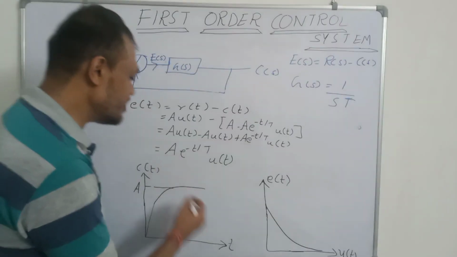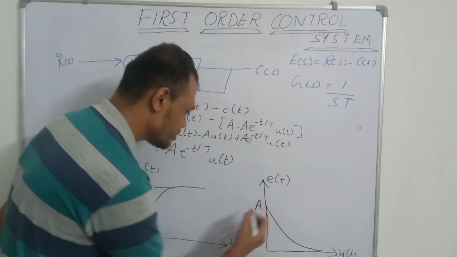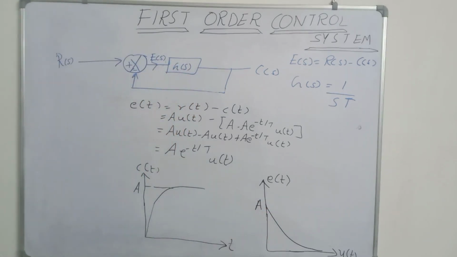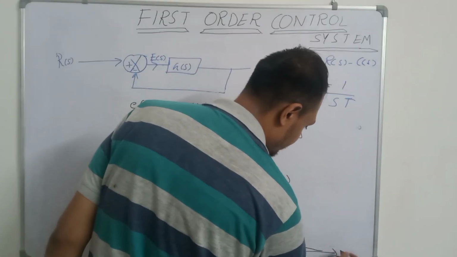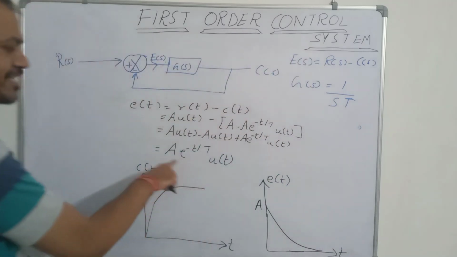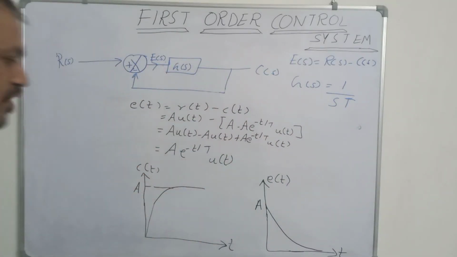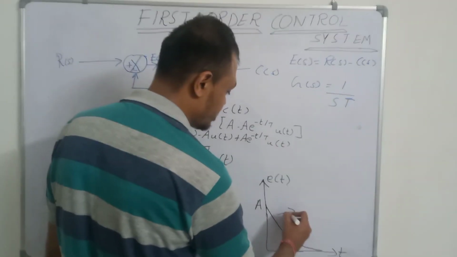So its maximum value is A at t equal to 0, and as t tends to infinity, on the x-axis we have t, this value will become 0. So it is a decaying exponential.